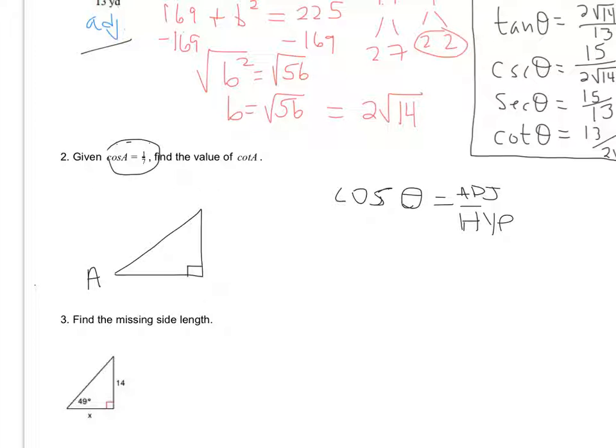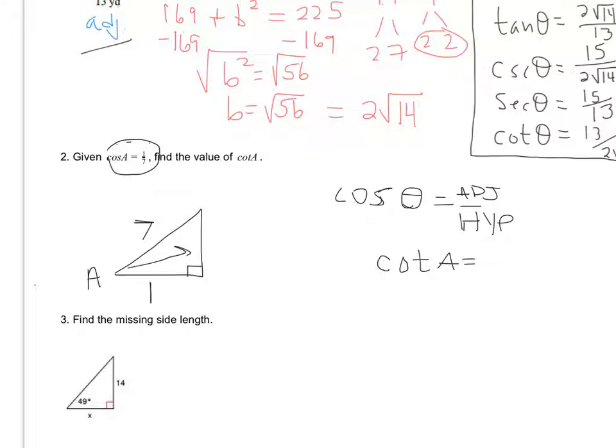Since the adjacent in this case would be 1 and the hypotenuse is 7 because that's on the bottom, we can fill that in the triangle. So the hypotenuse would be 7. And the adjacent side, since this is the opposite of angle A, this must be the adjacent, so this is 1. So now the cotangent of the angle is the adjacent over the opposite.